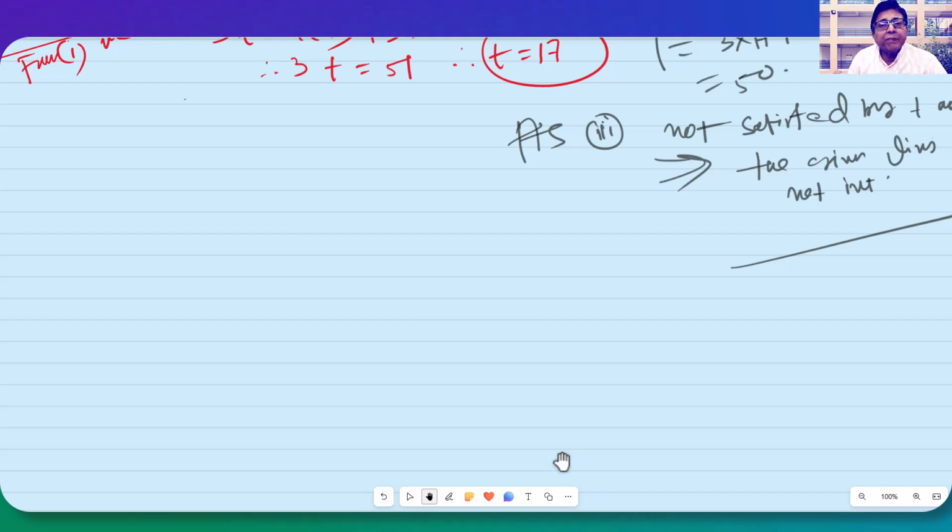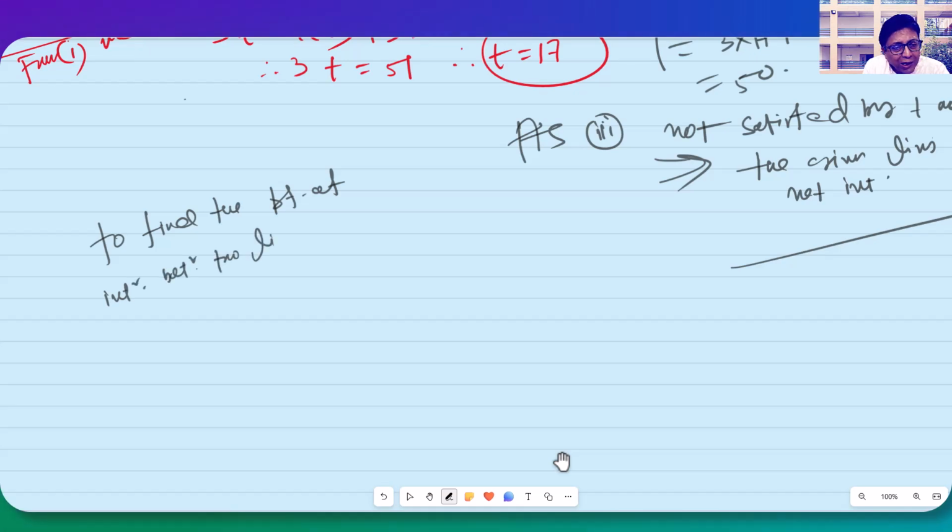What to do in vector form? Point of intersection to find, the point of intersection between two lines if lines are given in vector form.